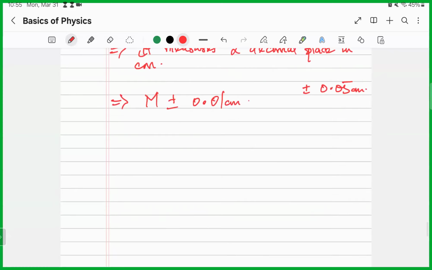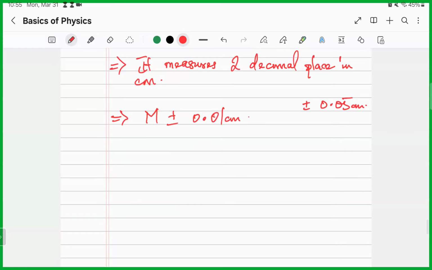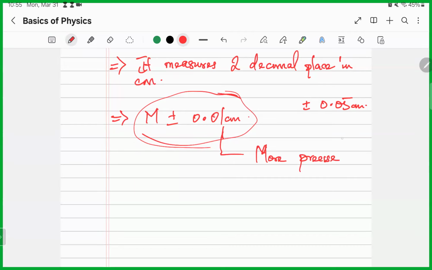But in this case, we have smaller. It is more precise. Of course, this is smaller than this. So just move on from that discussion. Just know that one is more precise than the other, and one of them has more uncertainty, the other one has less uncertainty.